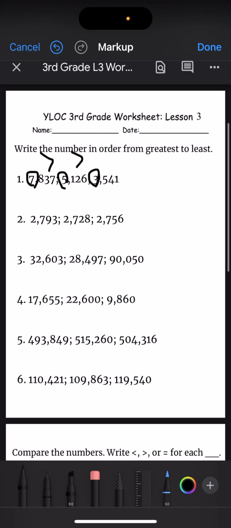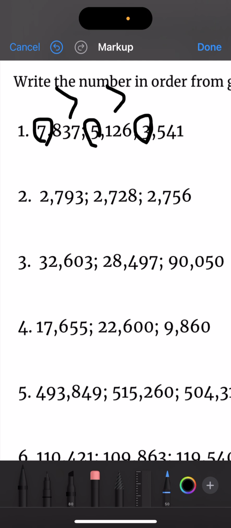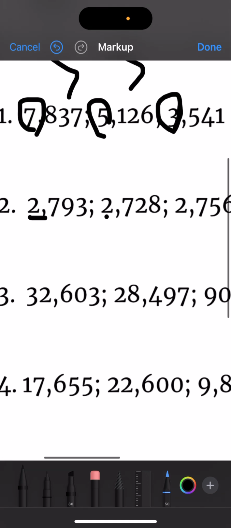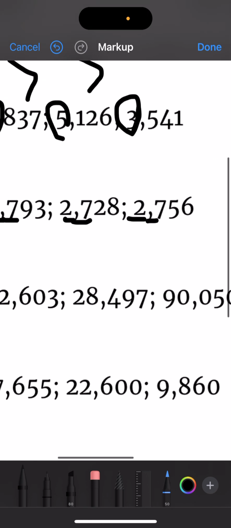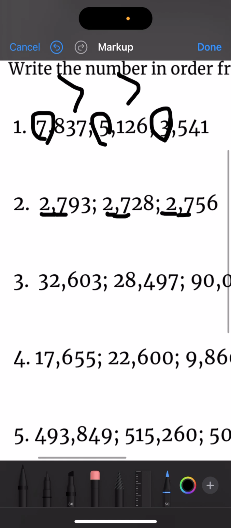Number 2, let's look at if they are all in the thousands. So 4-digit, 4-digit, and also 4-digit. Let's look at the thousands, and everything is in the twos. So let's move on to the hundreds, and we have 7, 7, and 7. Oh, it's getting pretty close. So let's move into the tens.